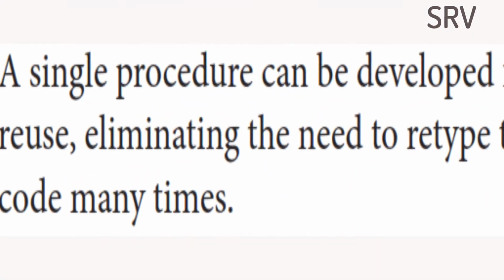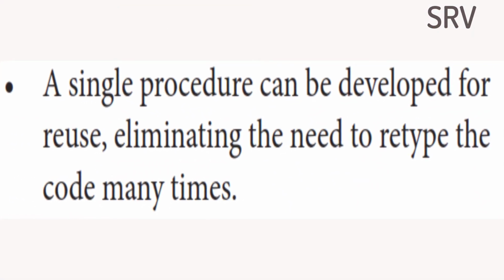Now let's see the second benefit. A single procedure can be developed for reuse, eliminating the need to retype the code many times. Here it is said that once a module is written and saved, it can be used as many times as we need in a program.